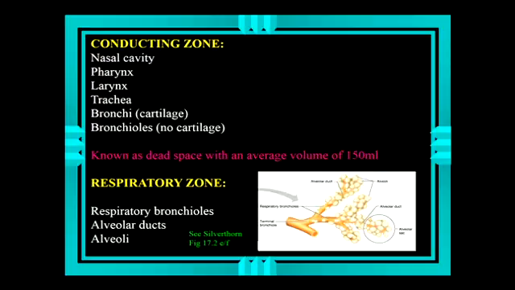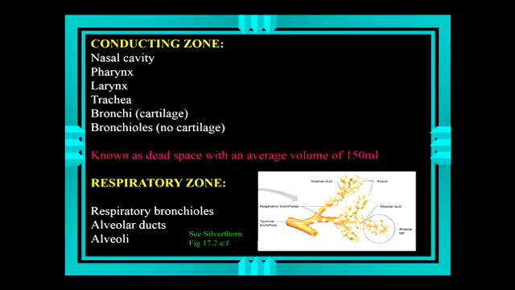The conducting zone's primary function is for breathing or ventilation, getting the air to the alveoli, and hence the conducting zone consists of the nasal or oral cavities, the pharynx, larynx, trachea, bronchi and bronchioles. They don't gas exchange. They only deliver the air to the alveoli.